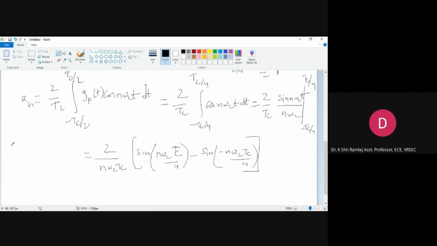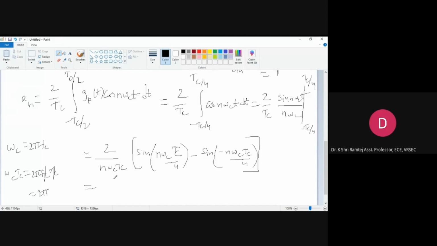And we know that omega c is equal to 2 pi fc. So omega c Tc will be 2 pi fc times Tc. We know that Tc is equal to 1 by fc, so these will be cancelled out, and omega c Tc will be equal to 2 pi.